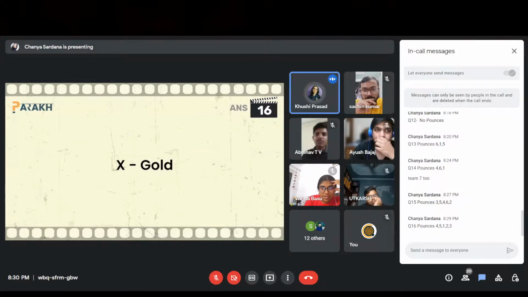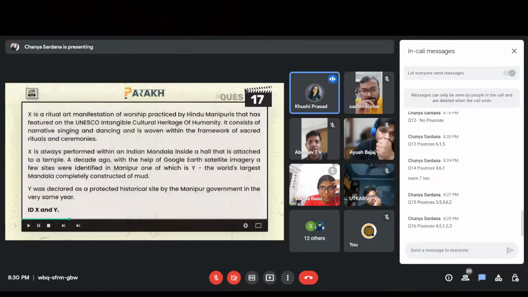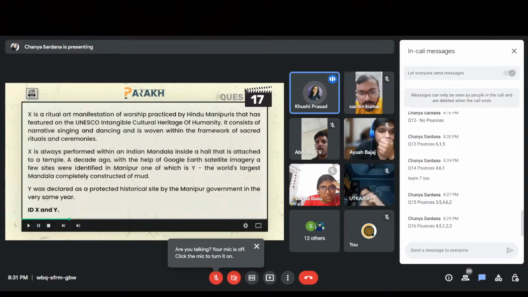Direct for Team 6. X is a ritual art manifestation of worship practiced by Hindu Manipuris that has featured on the UNESCO Intangible Cultural Heritage of Humanity. It consists of narrative singing and dancing and is woven within the framework of sacred rituals and ceremonies. X is always performed within an Indian inside a hall that is attached to a temple.